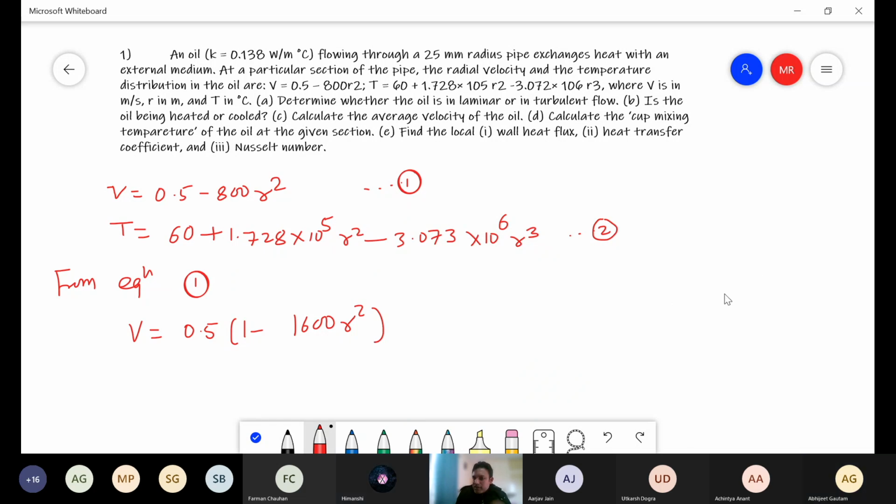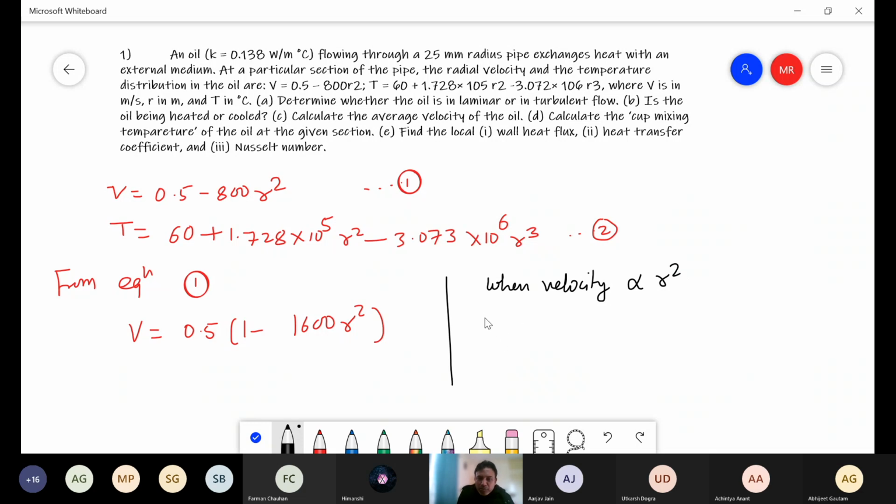Now when we see this type of velocity profile, when velocity is proportional to R square, can you say anything on that? This will be a laminar flow, isn't it?